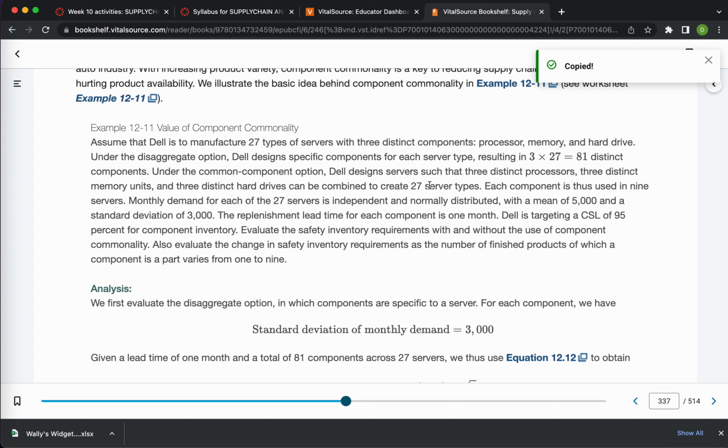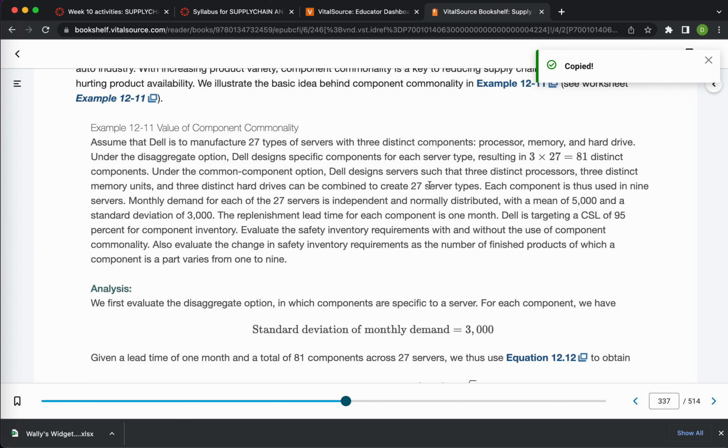Each of these components will end up in 9 of these different types of servers. So you have 27 distinct servers, but 9 of those servers will have the same type of hard drive, 9 will have the same type of memory units, and 9 will have the same type of processors. So there is some commonality in components.